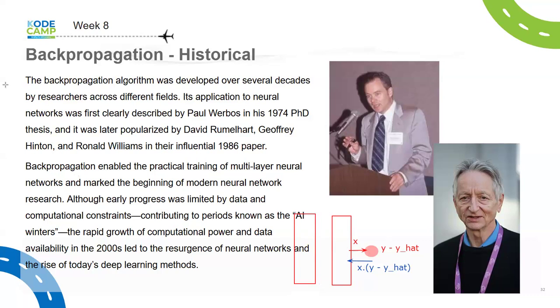But if I'm going back to preceding layers, it becomes more difficult. How do I calculate for a parameter in a previous layer? How do I calculate the impact on the weight? It became a bigger challenge, and it wasn't solved for a while in the early days.